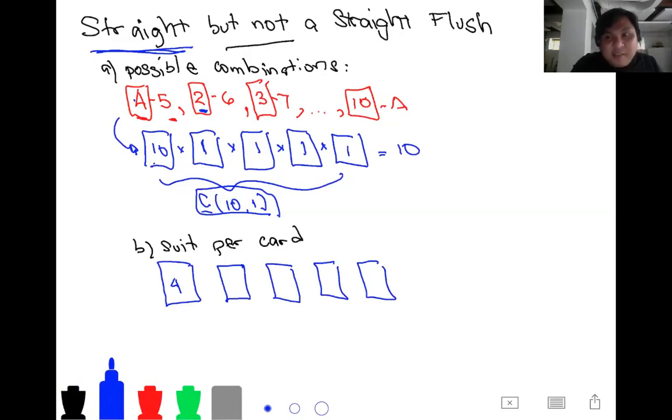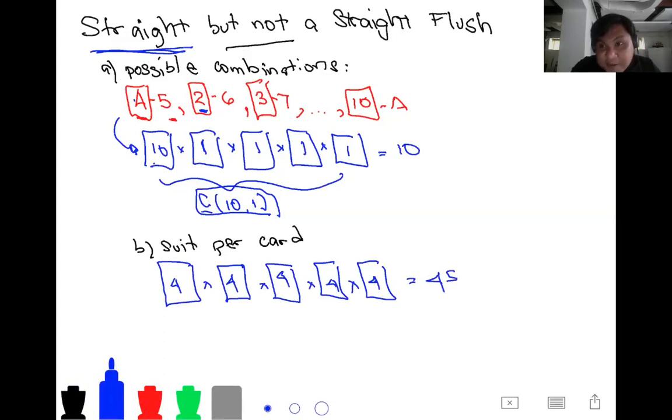As long as you get those card values, that would be considered a straight. So the next card, you still have a 4. And you might say, oh, I guess it's all 4 for all 5 of them. Thus, in terms of suits, that is simply 4 to the 5th.